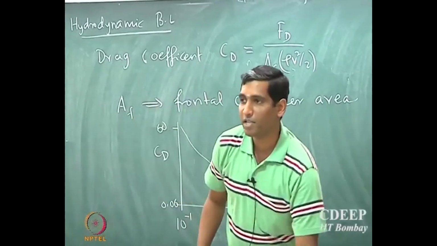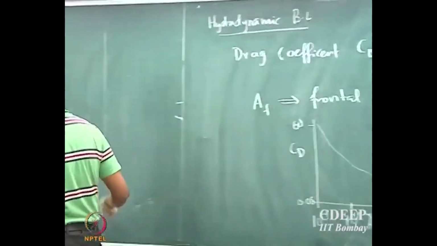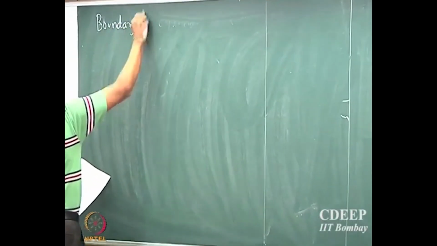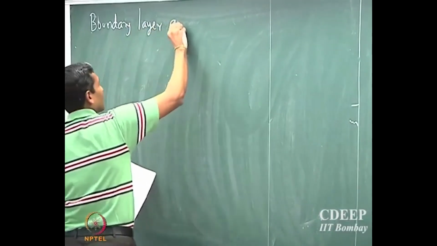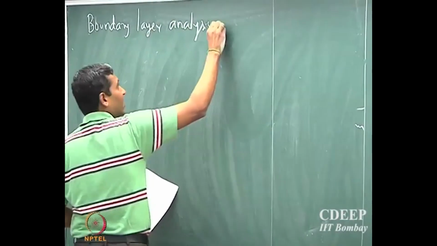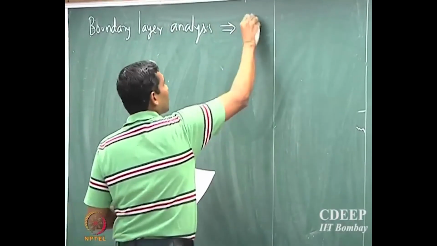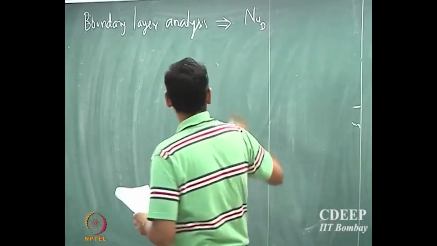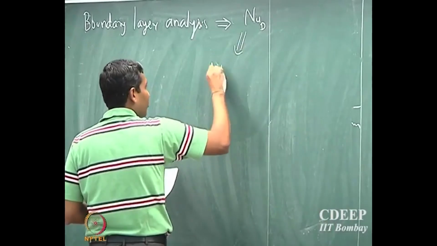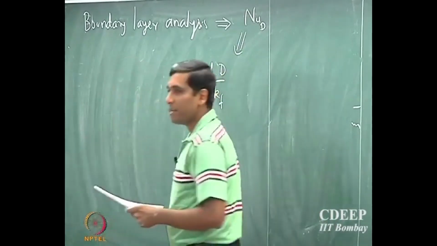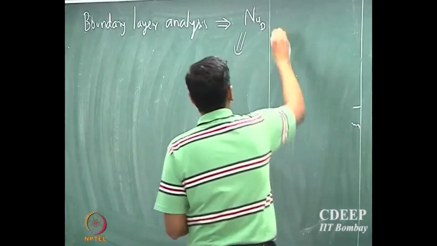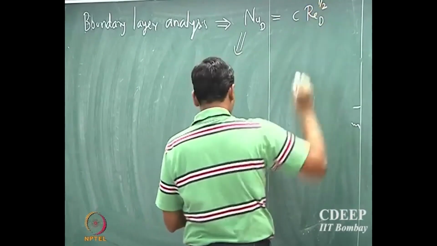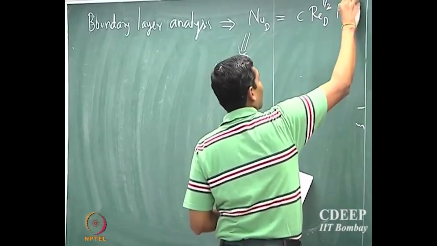The boundary layer analysis, which we will not do in this class, suggested that the Nusselt number, that's now defined based on the diameter of the cylinder, is given by h into D by kf. That's now some function of Reynolds number to the power of half and Prandtl number to the power of 1 by 3.